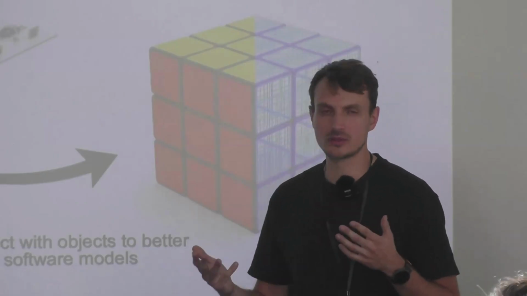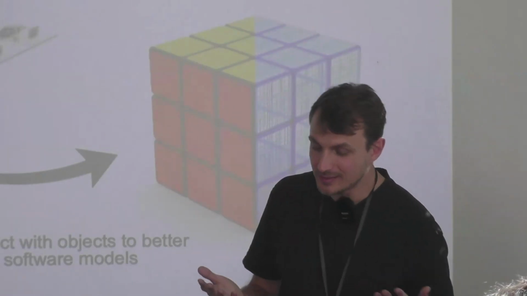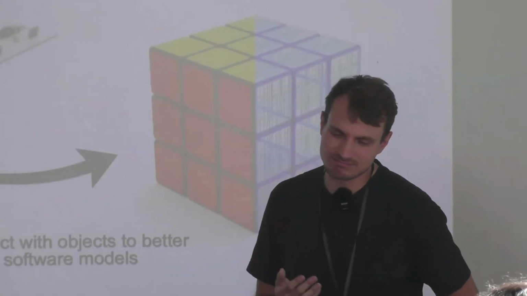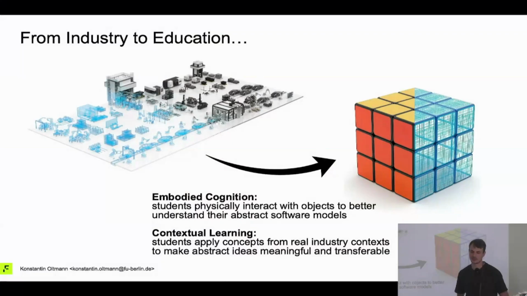Completely abstract. Our school didn't even have a library. So this was underwhelming and not very tangible. And I wished that we modeled something that we can take in our hand, that we can have a look at, that we can interact with. And that was the goal with this project.